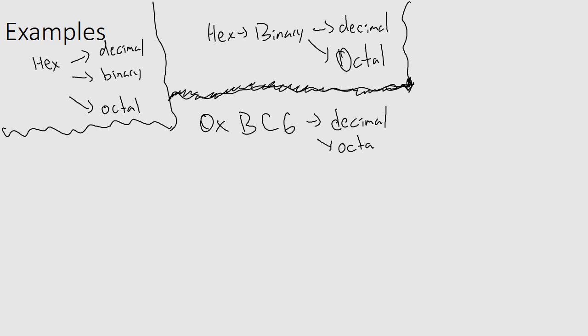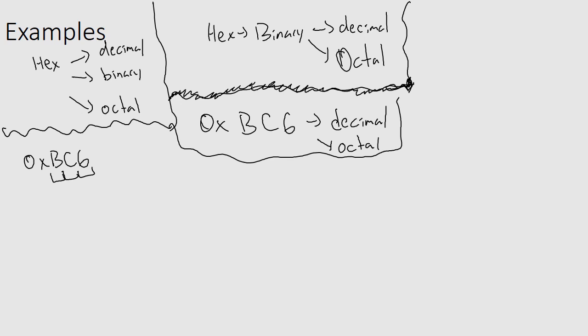So we're going to do all of the conversions. What we do is we just take our hexadecimal number, and we find the equivalent binary digits for each hex digit. So for every hex digit in 0xBC6, we find each equivalent binary combination.